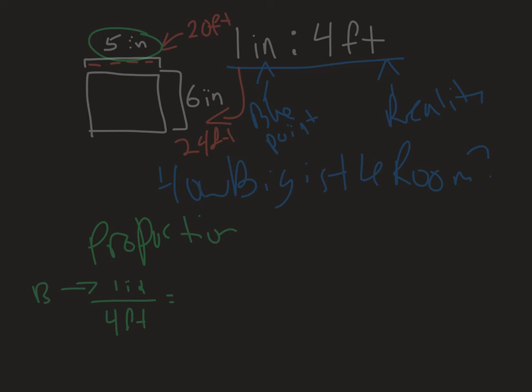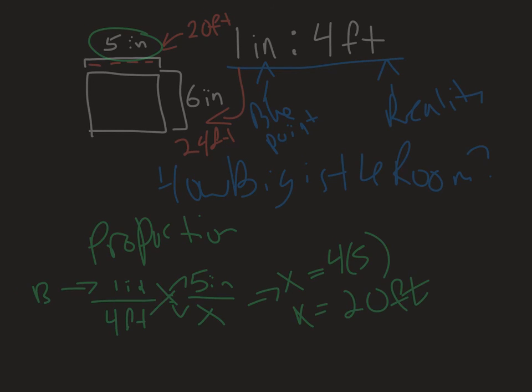The top here is a blueprint measurement, so I have to use a blueprint measurement on the top of my other side. So in this case, the 5 inches, and the one I don't know, let's call it x, is right there. I can cross multiply, and x times 1 is x, equals 4 times 5, which is 20. And in this case, my units would be feet.